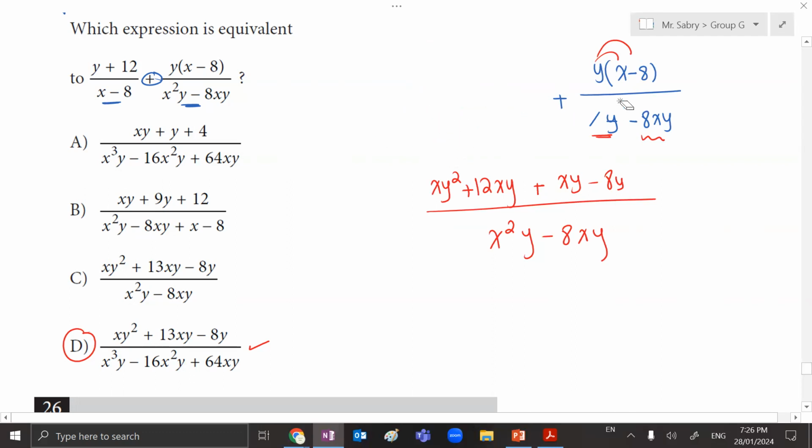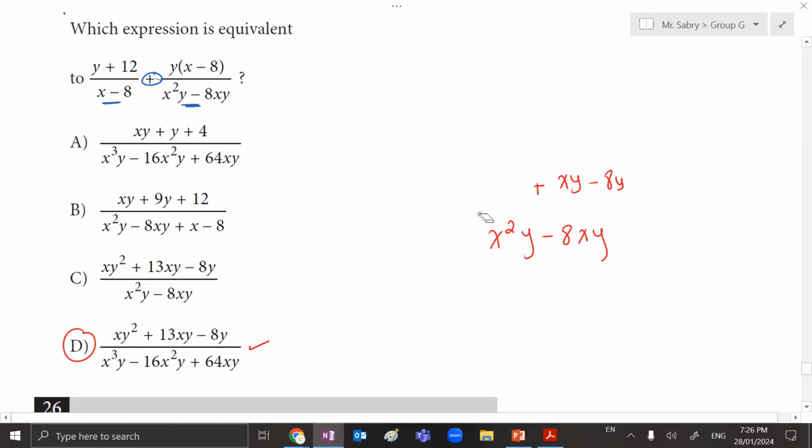Let's say first, away from this specific question, generally when I want to add any two fractions they must have the same denominators. So usually what we do is that we take this denominator here and we multiply it here up and down, and we take this denominator here and we multiply it here up and down. That's usually what we do.